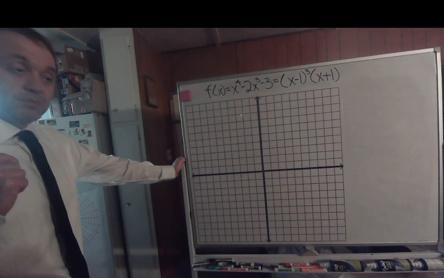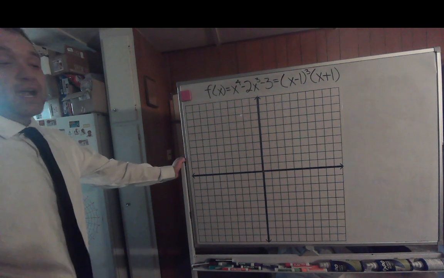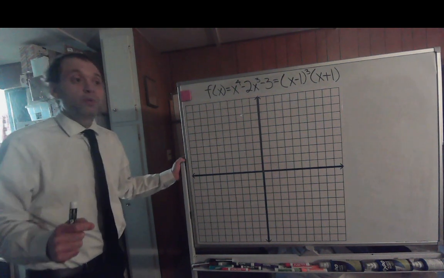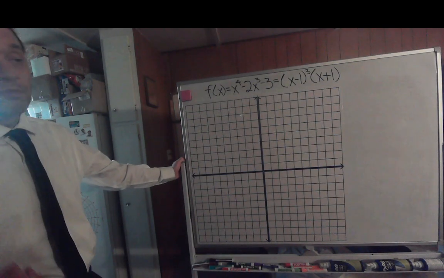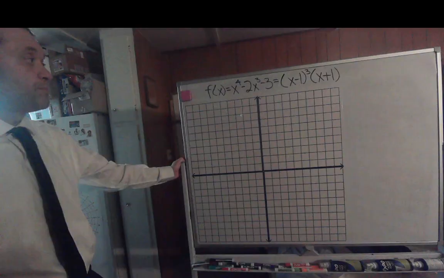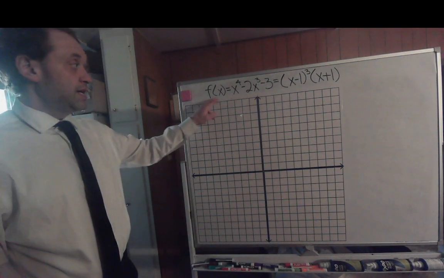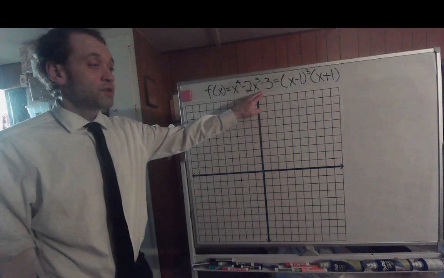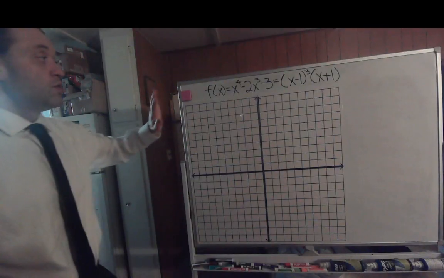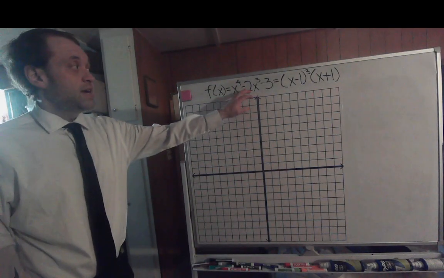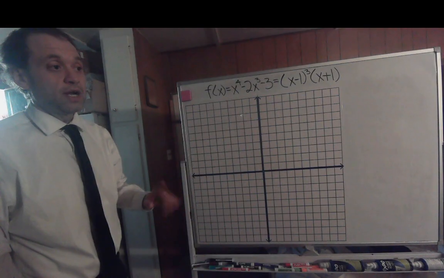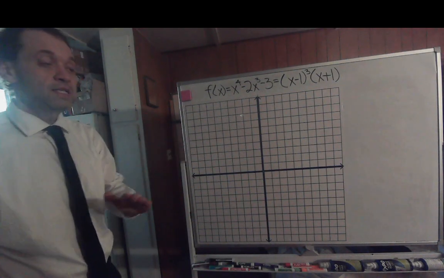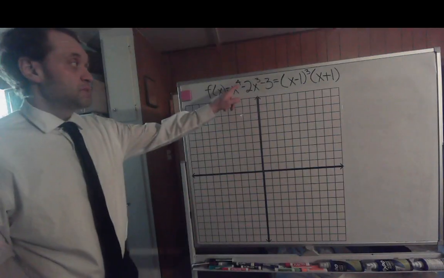And one of the most important things actually came from yesterday's lesson when we talked about the end behavior of a polynomial function. So if we look here, we have f of x equals x to the fourth minus 2x to the third minus 3, right? Well, we have x with a couple different powers here and some constant, but what is the highest power?